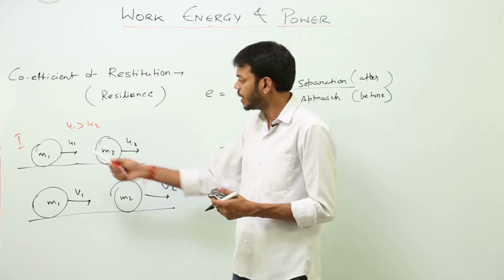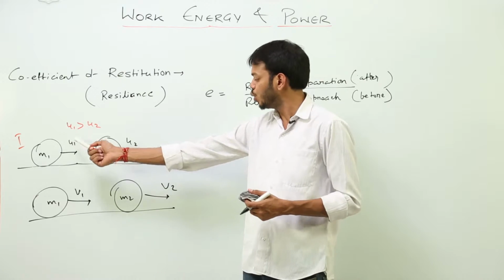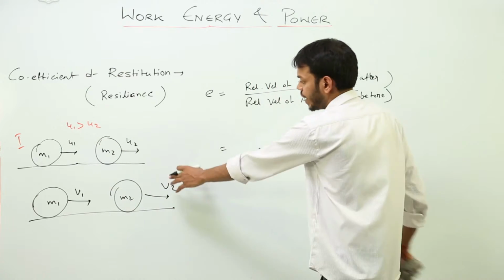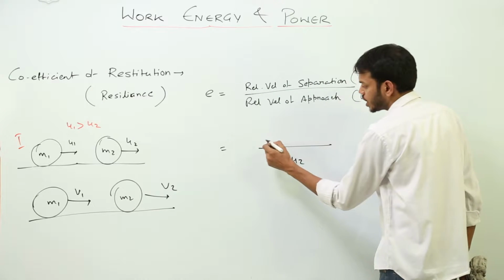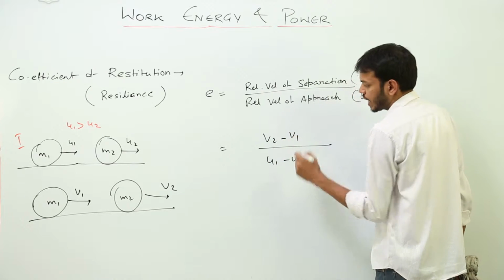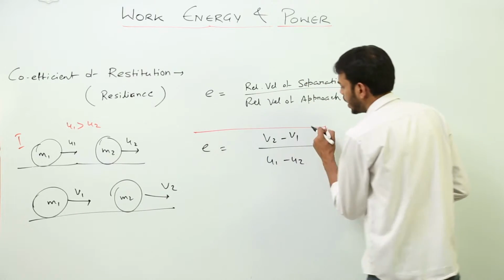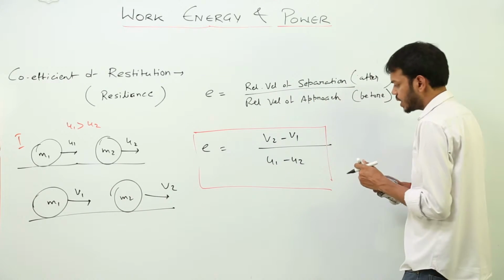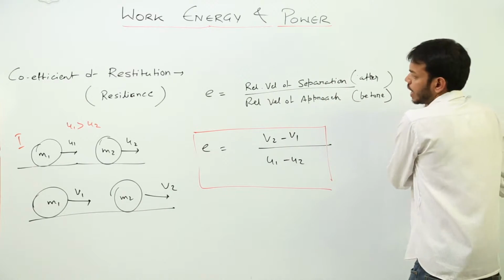So the velocity v2 will automatically be greater than v1 because initially u1 was greater than u2. So here v2 is greater than v1. The relative velocity of separation is v2 minus v1, right? So this is the main formula for E, and we also have a method to determine the value of E. Let's see the method.